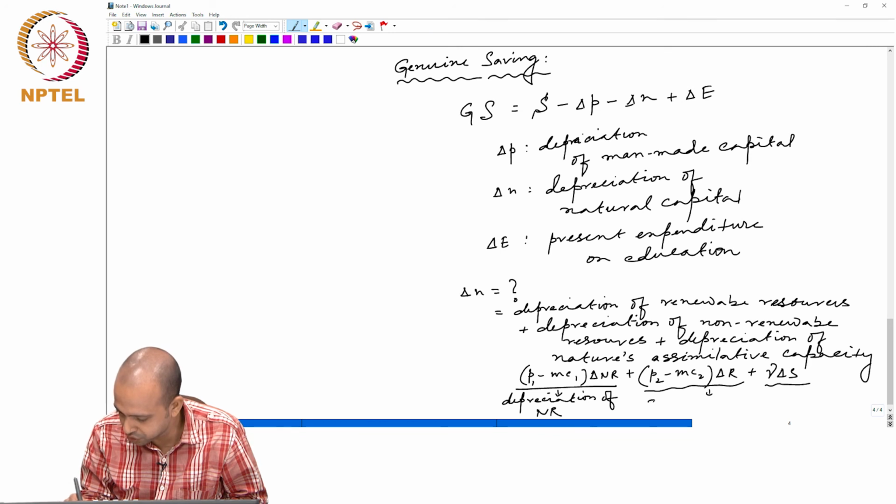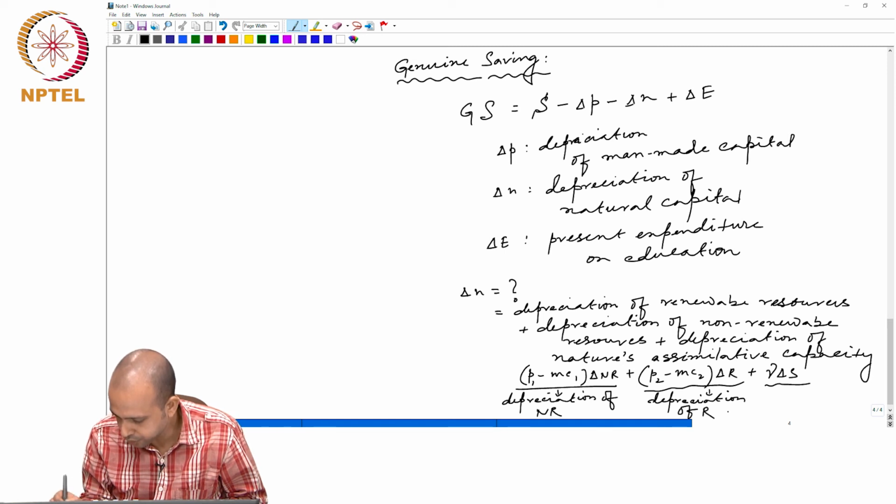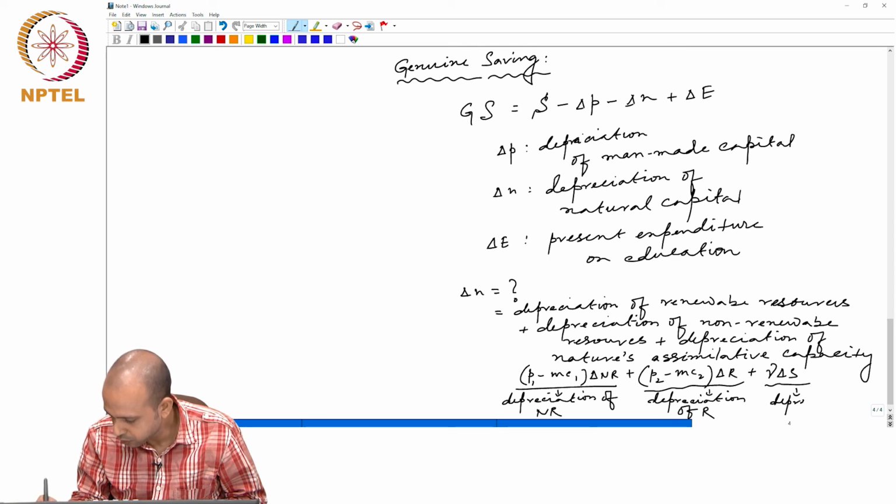This is depreciation of renewable resource, R, and this is depreciation of nature's assimilative capacity.